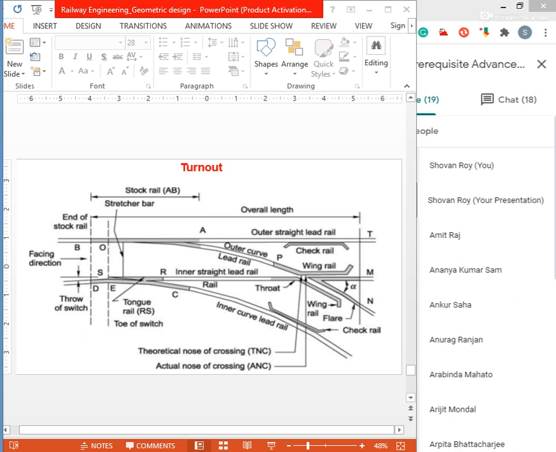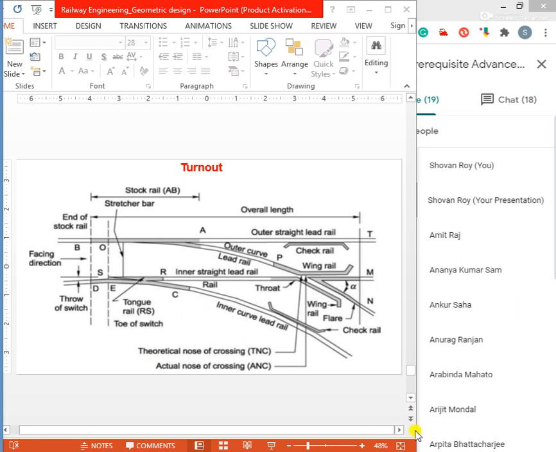Achha, the direction of turnout is another part of the turnout. A turnout is designated as right hand or left hand depending on whether it diverts the traffic to the right or to the left. In the figure, the turnout is a right hand turnout, because it diverts the traffic towards the right side.